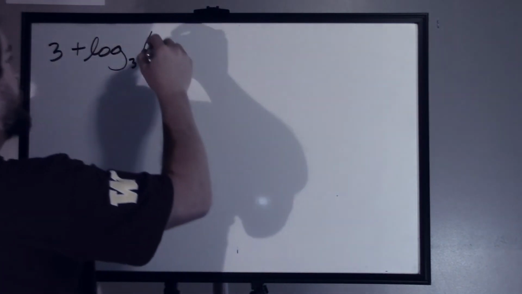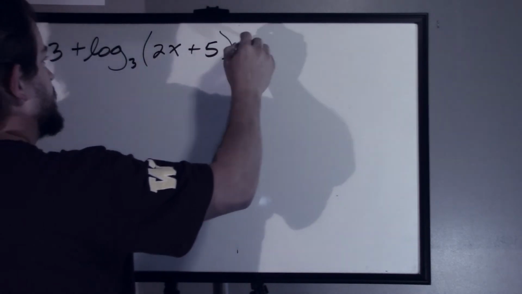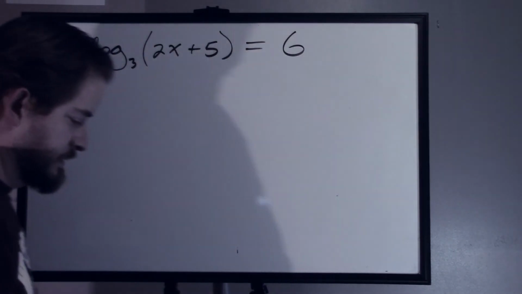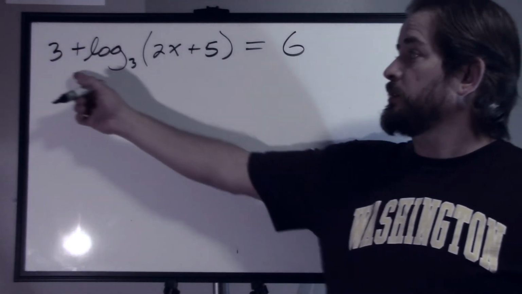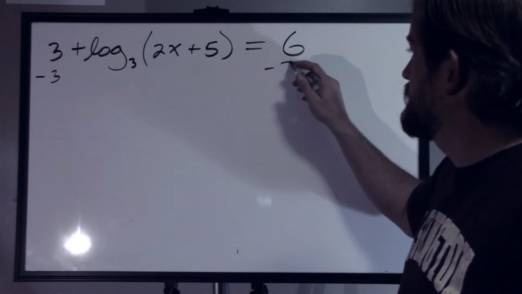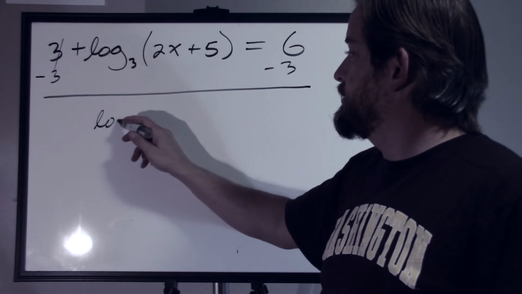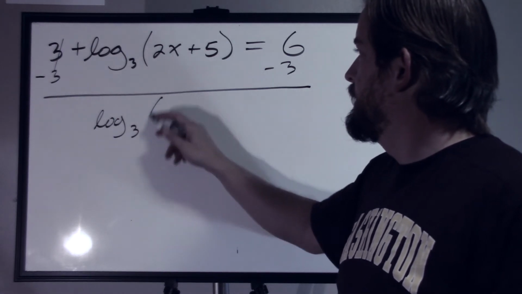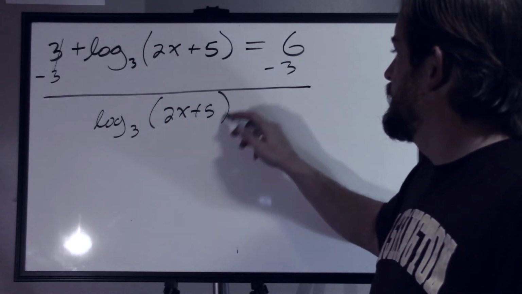So again, first I need to isolate that logarithmic expression. So I'm going to subtract 3 from both sides. That gives me the log base 3 of 2x plus 5 equals 3.